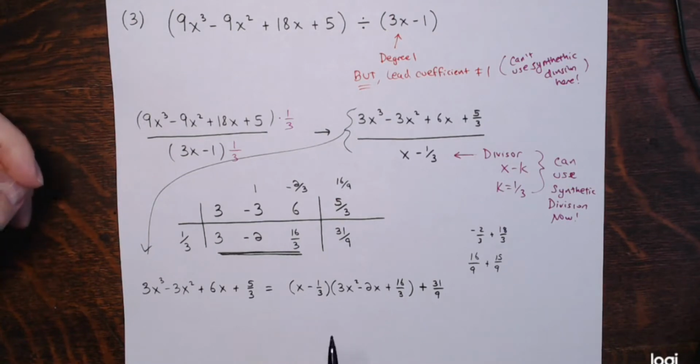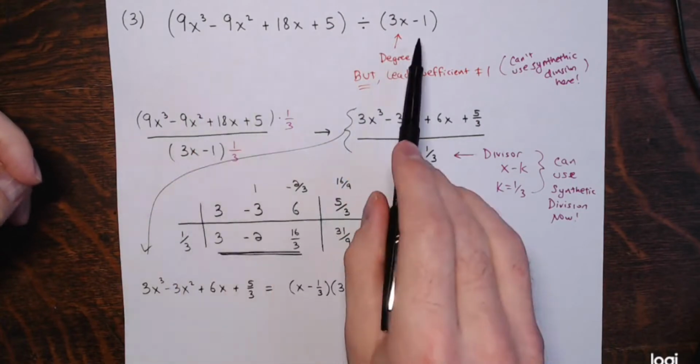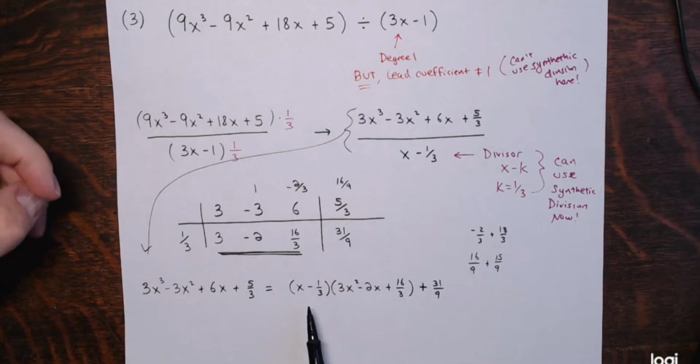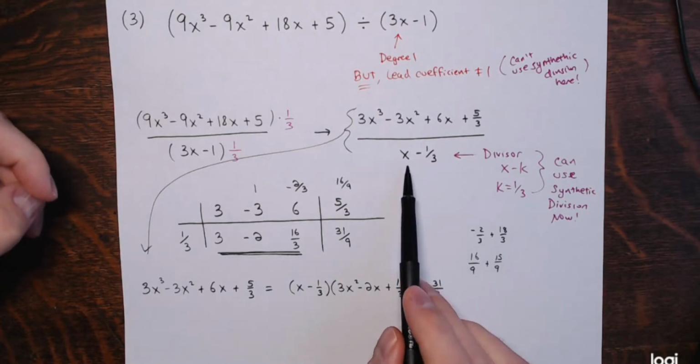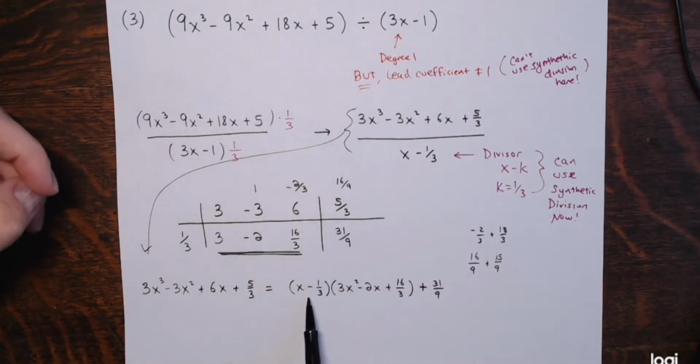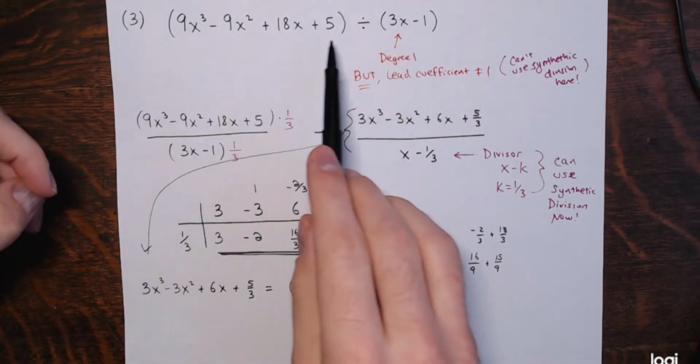If you were to do long division here, this wouldn't be the result. The divisor is x minus a third here. Here the divisor was 3x minus 1. So remember how earlier I divided everything by 3?